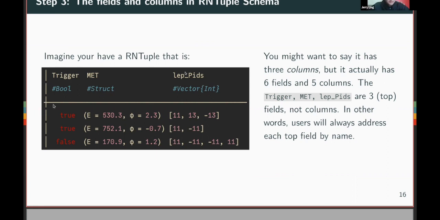Oh, right. Sorry. Each row would be an event, right? And then this column would be the missing transverse energy. For that, we only have energy and the transverse angle phi. And the PID is the particle ID for leptons. So in this event, we have an electron, a muon and an anti-muon.